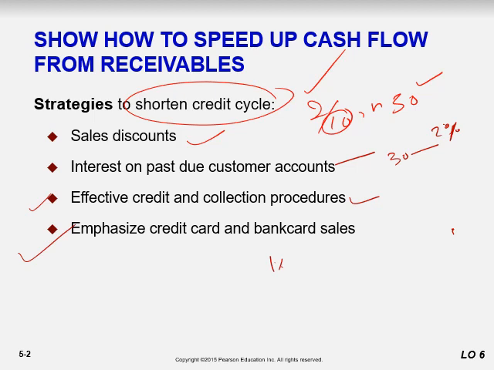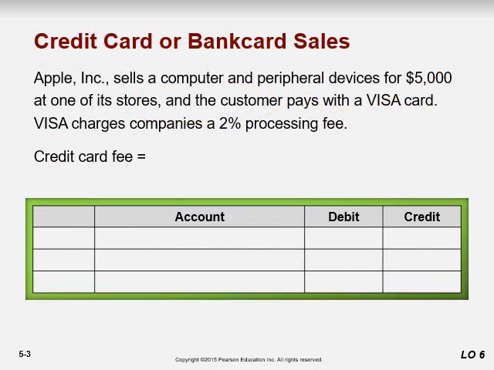Why? Because you are essentially making your credit period zero, from 30 to 0, right? So you offer them a 2% discount. So these are the effective strategies to shorten the accounts receivable cash flow cycle.